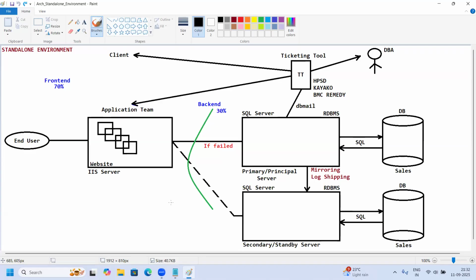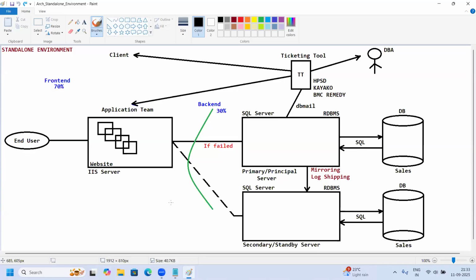The application team, which is developing a website, requires frequent upgrades. They want frequent changes. They need to always make things available in a good look and feel, and things should be easy in approach for the people. So 70% are the efforts of front-end people and 30% are the efforts of back-end people. Daily you don't create a sales database.